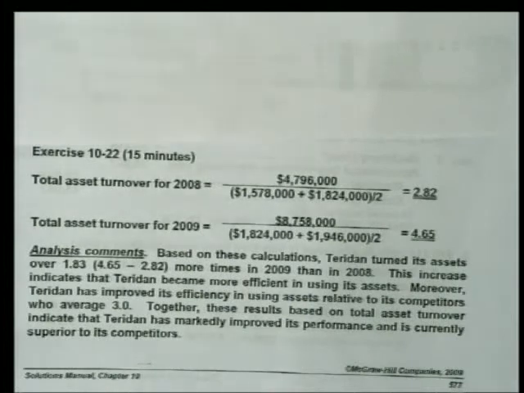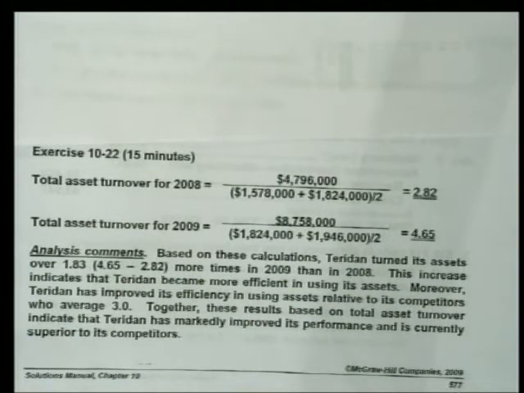Okay, check first of all your math. Now don't round that to 2.80 or 2.8 or don't round it to 3. I always like to take these ratios to 2 decimal places. Okay? So for '08 it's 2.82, for '09 it is 4.65. Okay? So which year are they using their assets more efficiently, '08 or '09? '09, right?